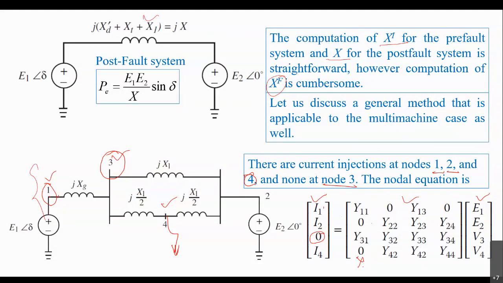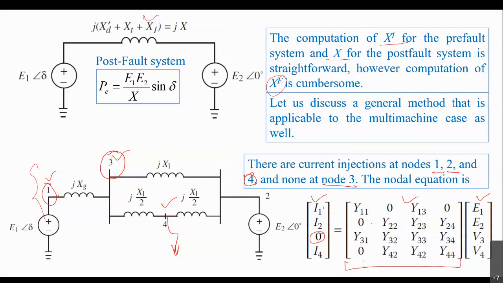If you know the formulation of Y bus, you can understand better, because you have studied this in your undergraduate courses during load flow study, right? We can see here that 1 and 2 are not connected directly, so I can write Y12 as 0. Similarly, 1 and 4 are also not directly connected, so I can write Y14 as 0. Similarly 2-1 will become 0 and 4-1 will also become 0. So this is your Y bus matrix formulation.